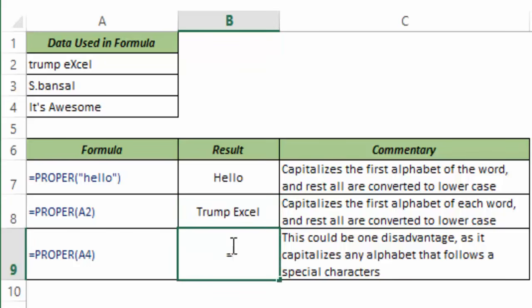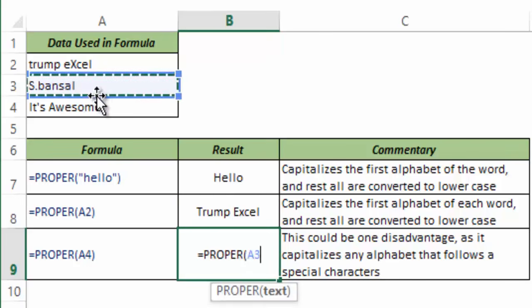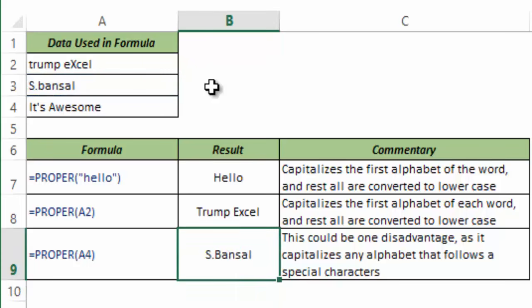Now let me show you one interesting thing about this function. So if I take this text, which is s.bunsel, which is my name, where S is capital, there is a dot in between, and then the B is in lowercase. Let's see how it works. And you can see it has capitalized the B as well.